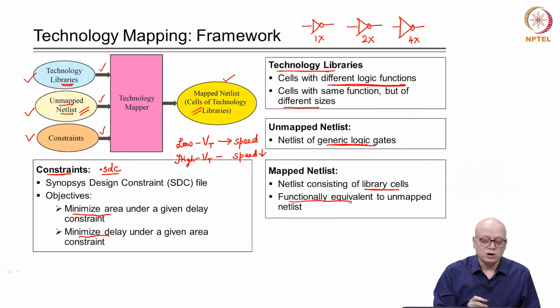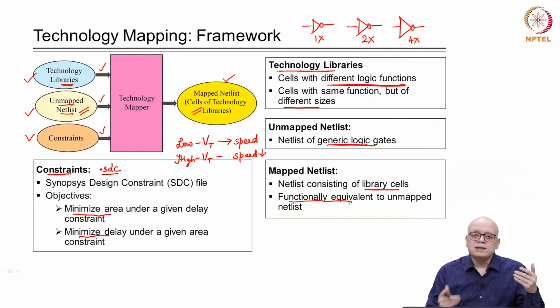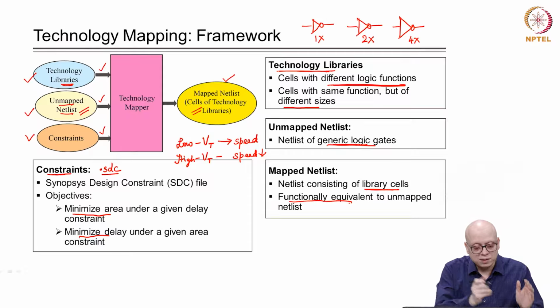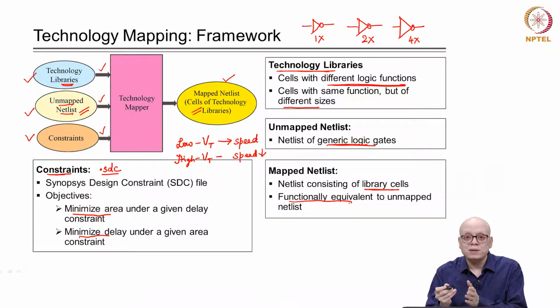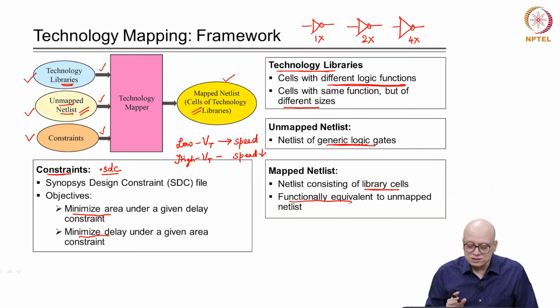What we mean by functional equivalence is that for a circuit, if we give a sequence of zeros and ones at the input, then it produces a sequence of zeros and ones at the output. For the unmapped netlist and also for the mapped netlist, the sequences produced at the output should be exactly the same for a given set of input sequences of zeros and ones. So, that is what we mean by functional equivalence.